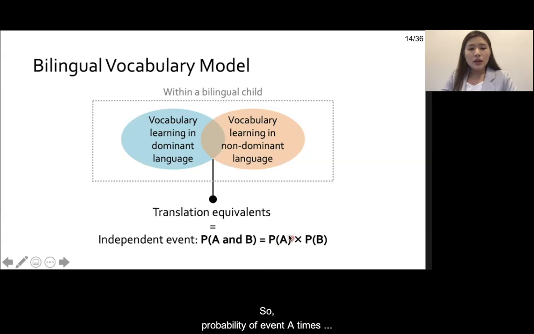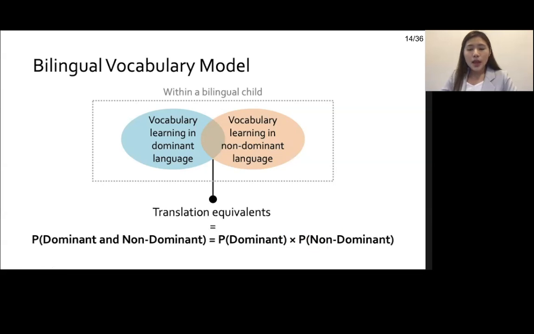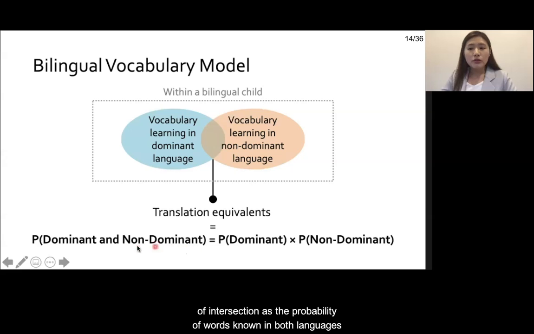So probability of event A times probability of event B. In this case, we can reframe the probability of intersection as the probability of words known in both languages, and replace event A and event B with words known in the dominant language and words known in the non-dominant language.